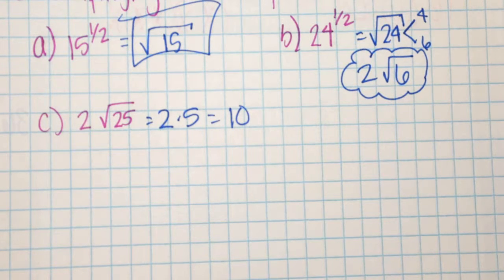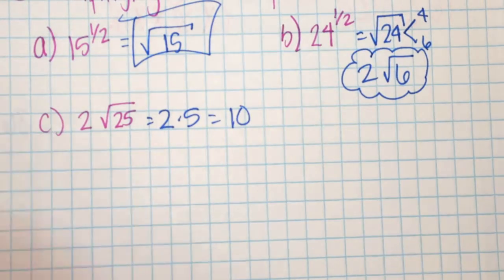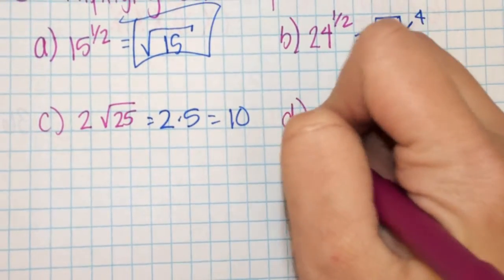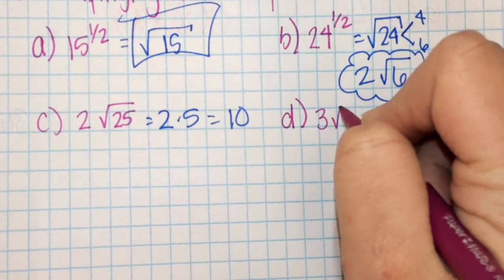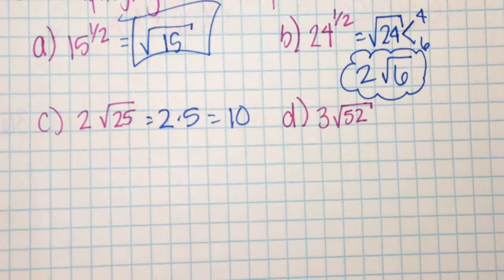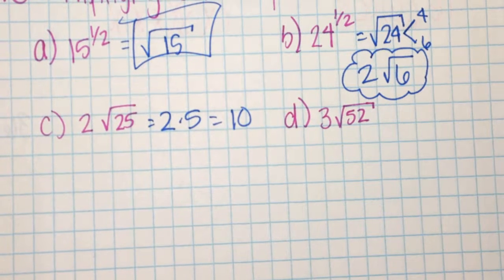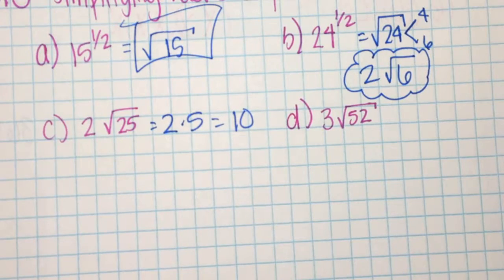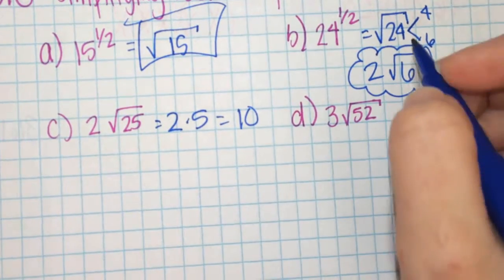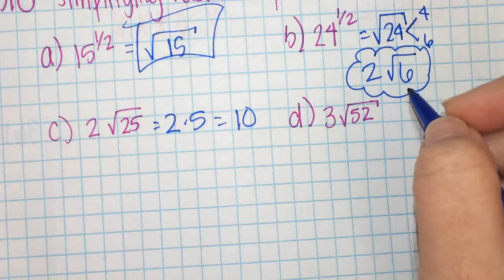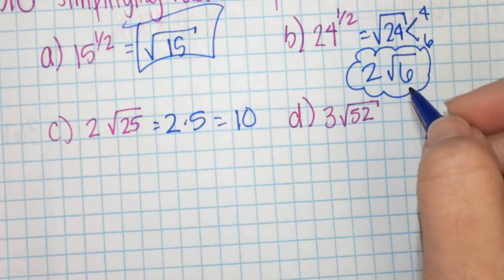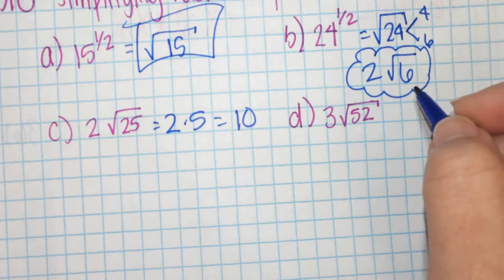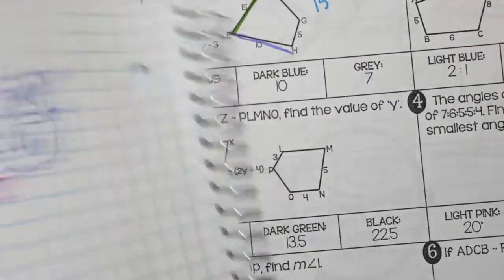Alright, what if I gave you 3 times the square root of 52? What is the biggest perfect square that divides into 52? It's not a perfect square. Remember our list that we wrote down yesterday?